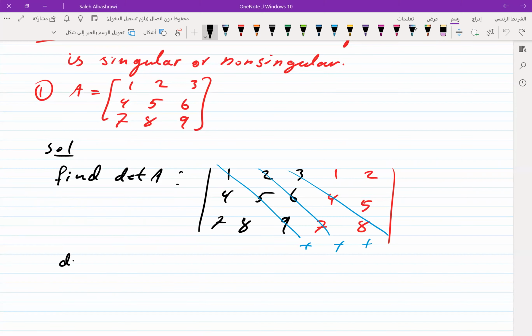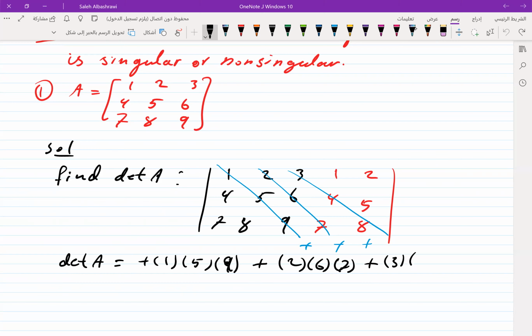Multiply these three numbers with the positive sign: the first one is plus 1 multiplied by 5 by 9, plus second one, 2 multiplied by 6 by 7, plus 3 multiplied by 4 by 8.